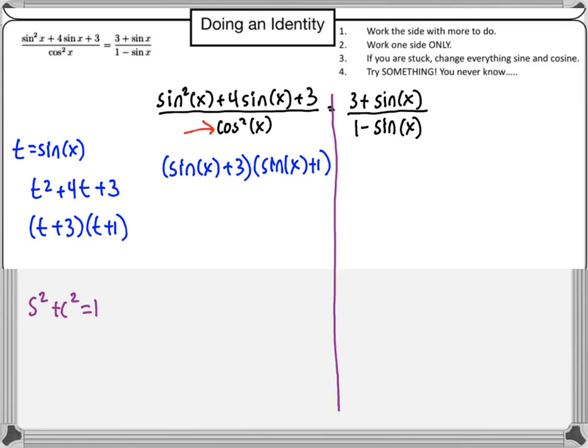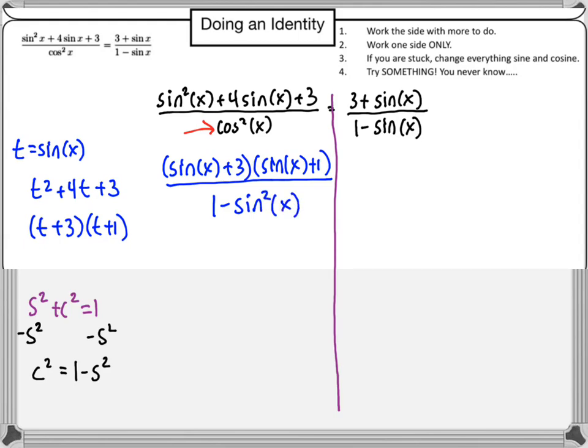So if I want cosine squared all by itself, I'm going to subtract sine squared from each side, and that's going to give me cosine squared equals 1 minus sine squared. So I'm going to put that in the bottom there and go 1 minus sine squared x.